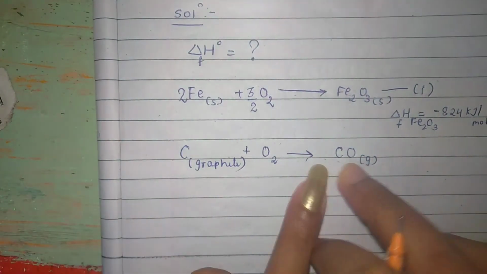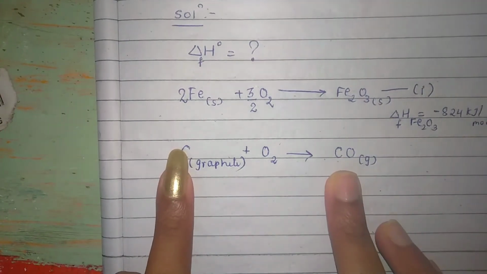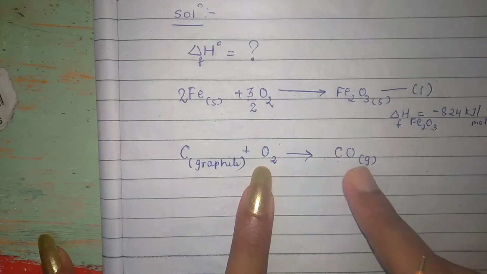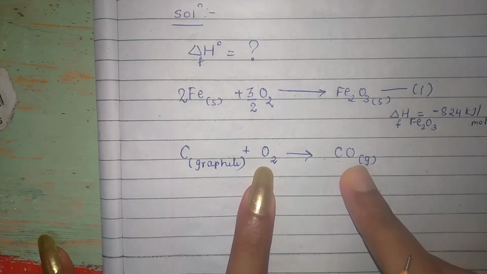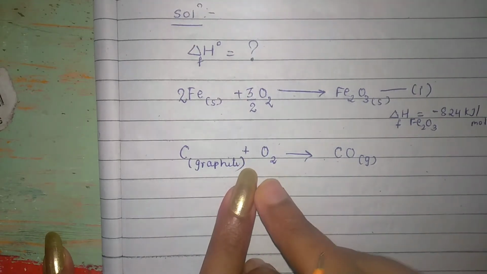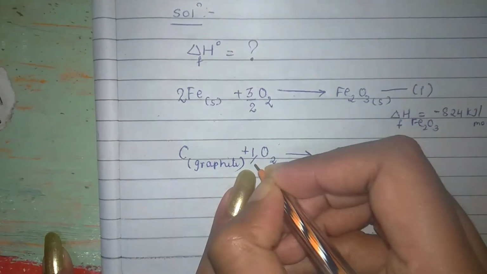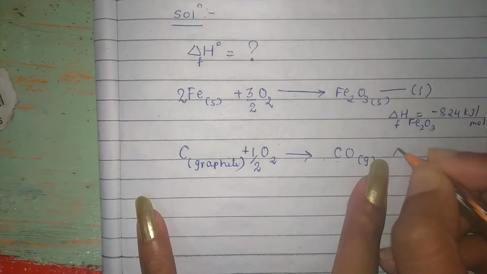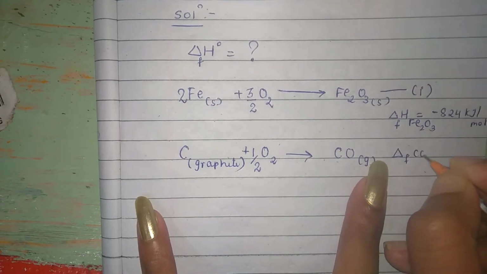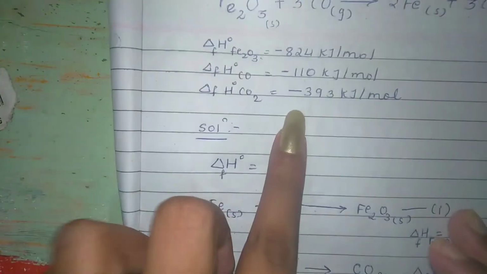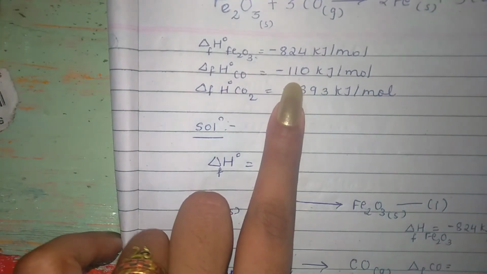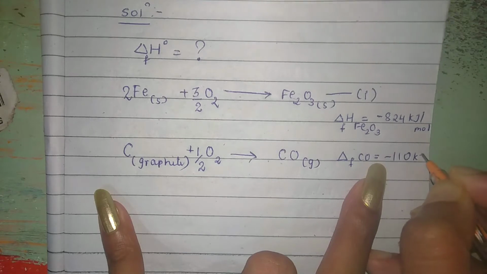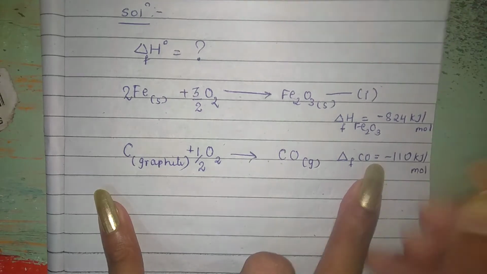Here we have one carbon, so it is balanced. What about the oxygen? Oxygen here is 2, here is 1. So I will make this 1 by multiplying it by half. Now what will be the enthalpy of formation of carbon monoxide? It is -110 kilojoule per mole.